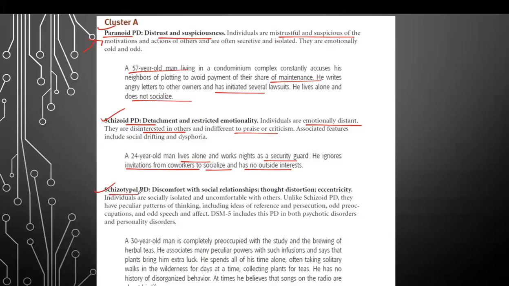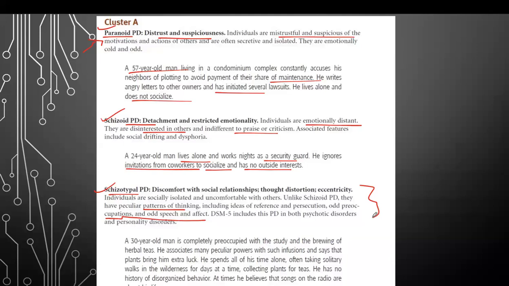How about schizotypal? Schizotypal are very odd and eccentric. That means they have a very peculiar pattern of thinking. They have odd preoccupations, odd speech, and you can think that they believe they are fortune tellers. They think that they know magic. They have interest in something very particular.